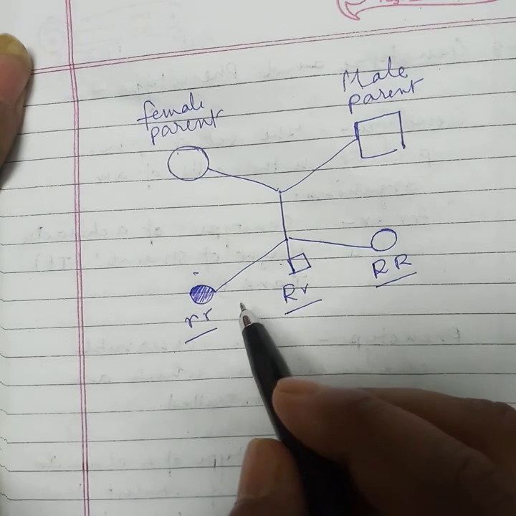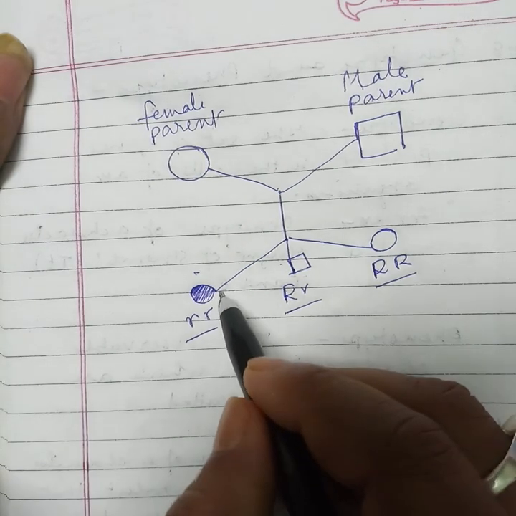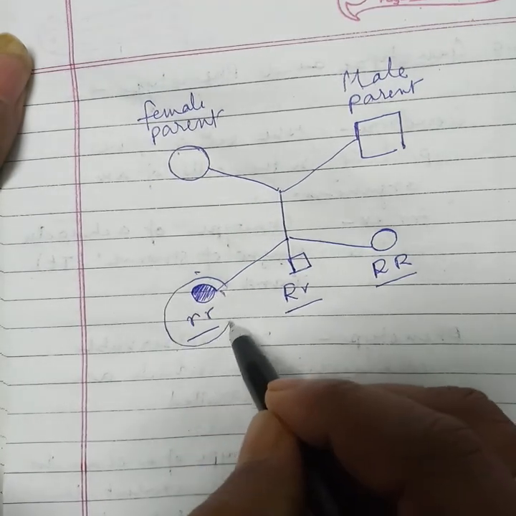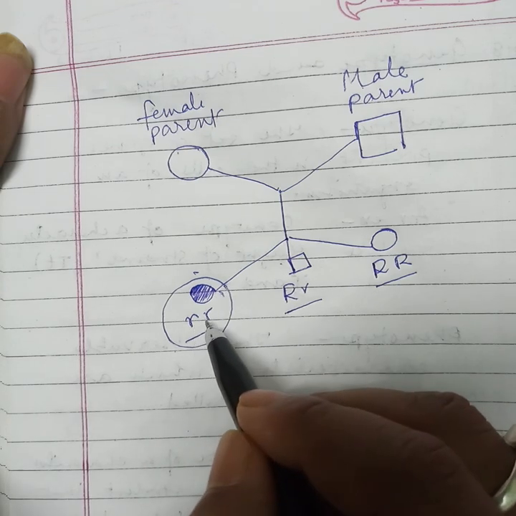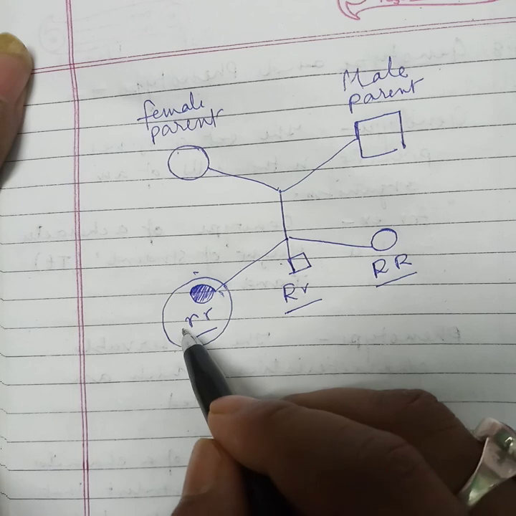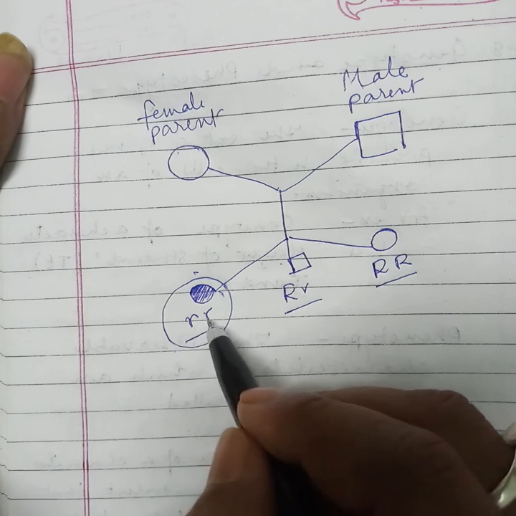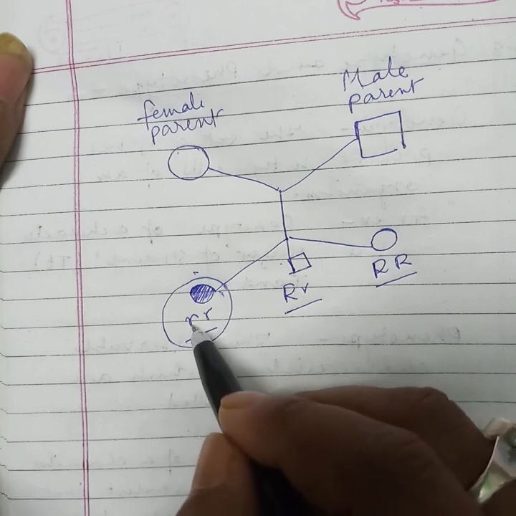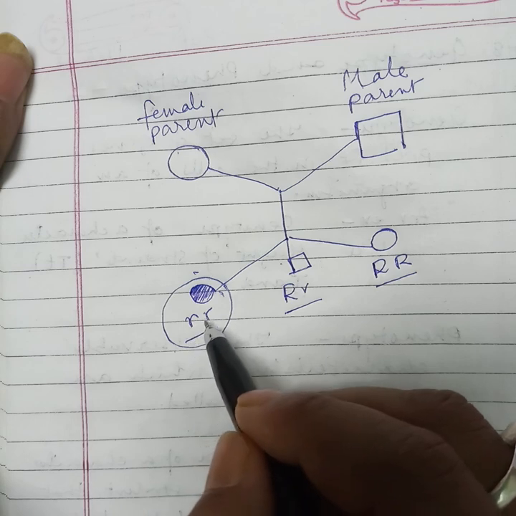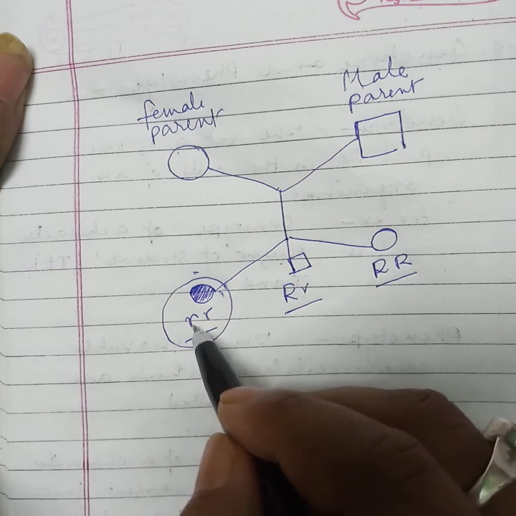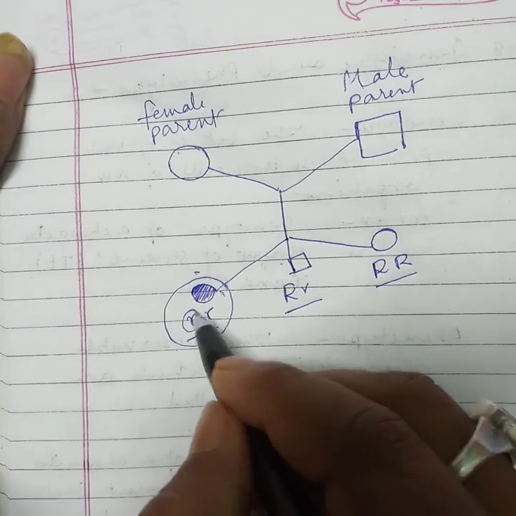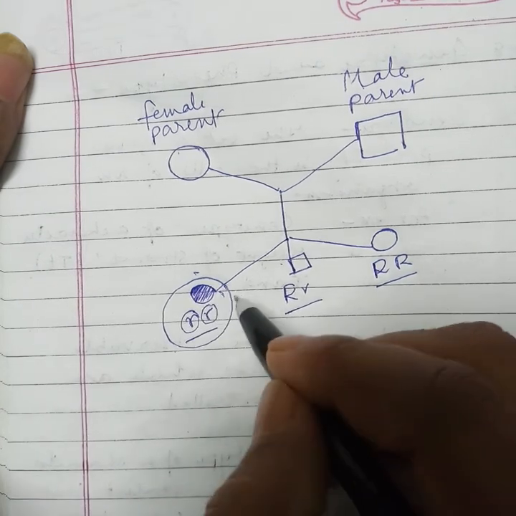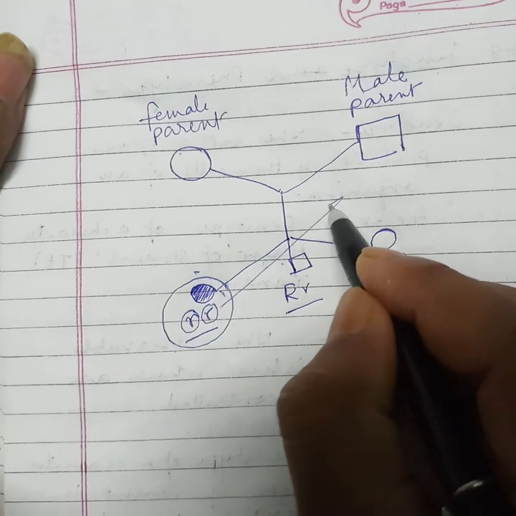Here we have concluded that this child that possesses the homozygous recessive gene contains two alleles. Both the alleles are similar, that is small r and small r, and both the genes must be received from each parent.